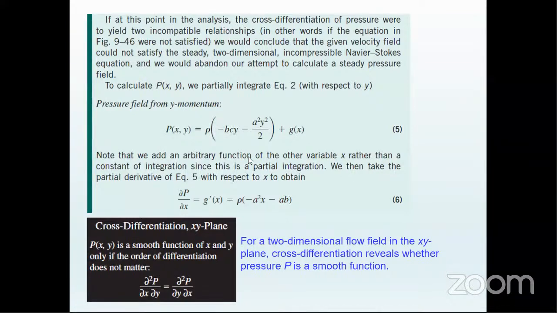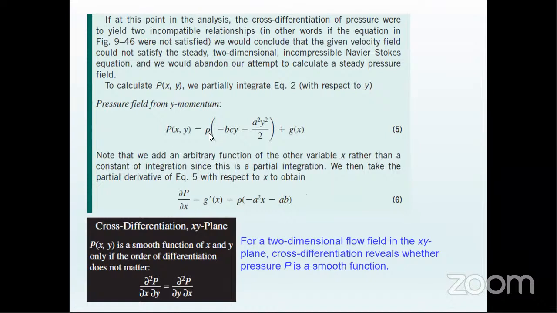We then take the partial derivative of this equation with respect to x. What we will get is dp by dx equal to g prime of x, since the other term gets 0.